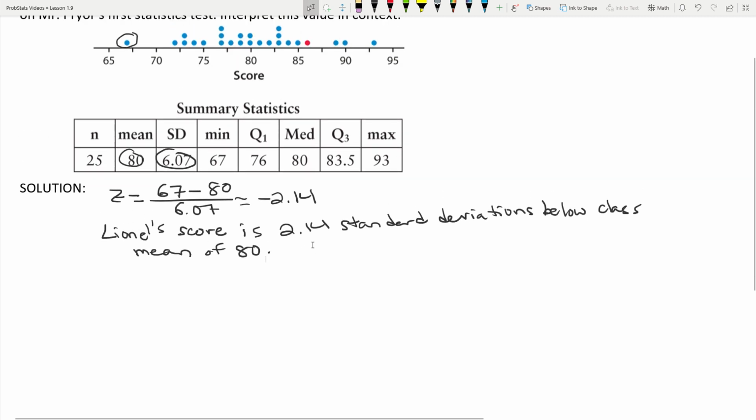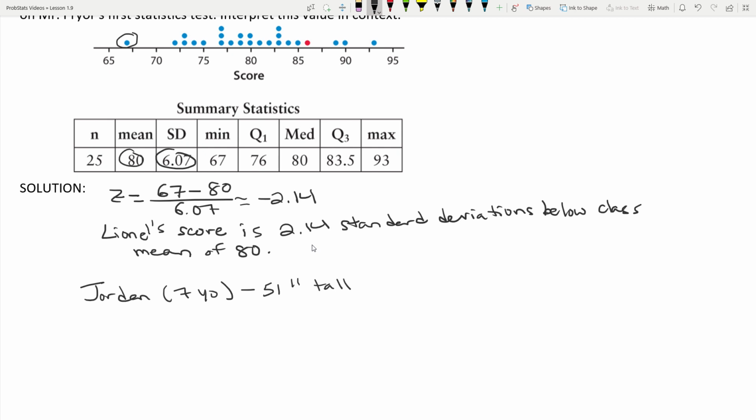All right, so z-scores are very useful in order to compare things of different units. So for example, if you had someone, let's say Jordan, who is 7 years old, and she's 51 inches tall, and let's say her z-score is 1.